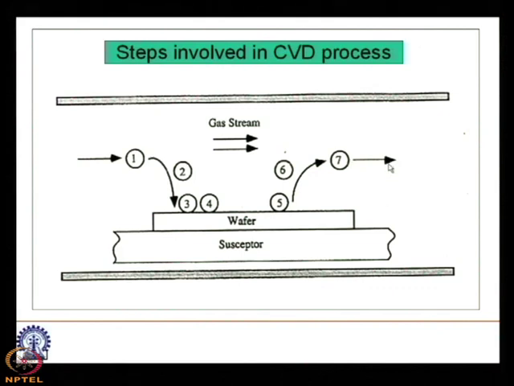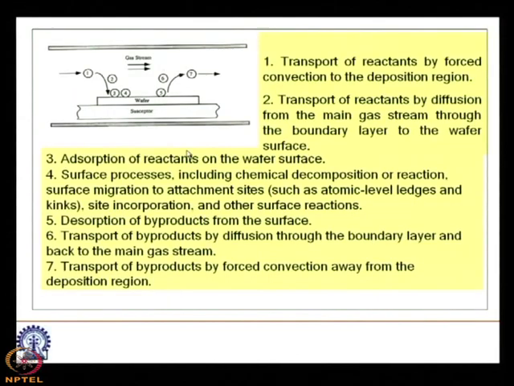I shall explain all those 7 steps in the next slide. Process 1, this arrow means it is a gas stream. Gas stream means the vapor containing the chemicals which are required for the fabrication of the film.